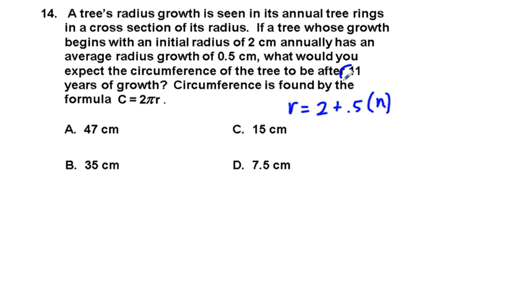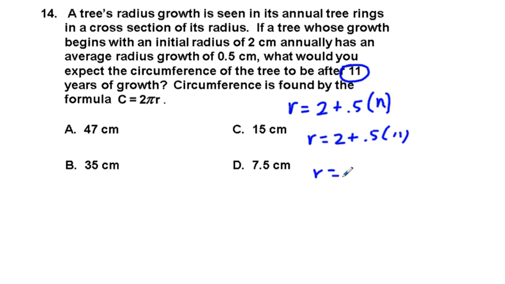So if we want to find after 11 years of growth, our radius is going to be 2 plus 0.5 times 11. Well, what you're going to get for that is R is equal to, use the calculator, 2 plus 0.5 times 11.